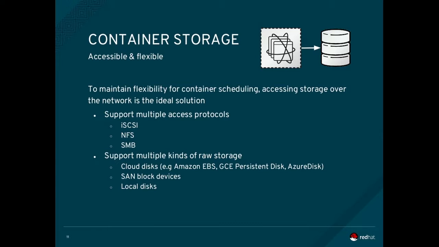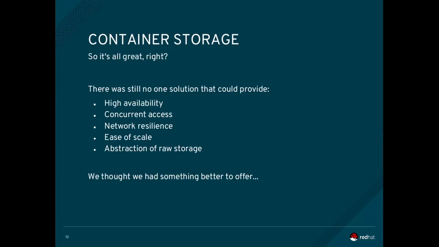You can use local disks. In the cloud world, typically you have Amazon EBS disk, GCE persistent disk, Azure disk, whatever. You can basically buy them and put them into your container hosts and consume them there. So there's a variety of options with plugins inside Kubernetes to consume them. So that's all great. So why are we here in the first place, right?